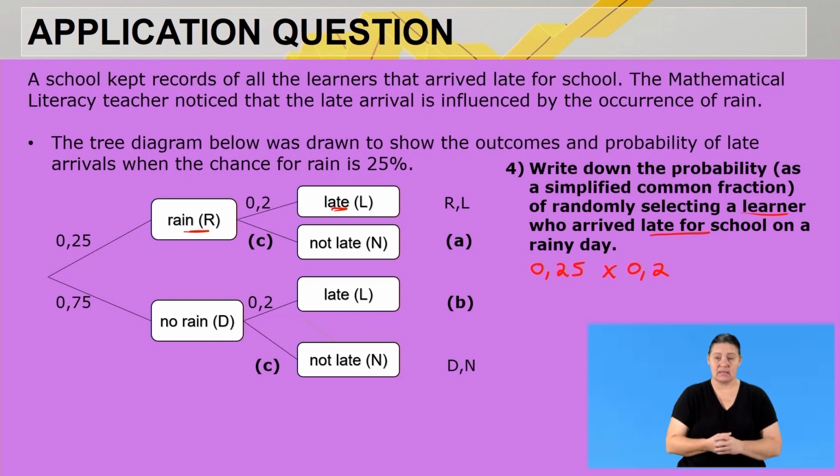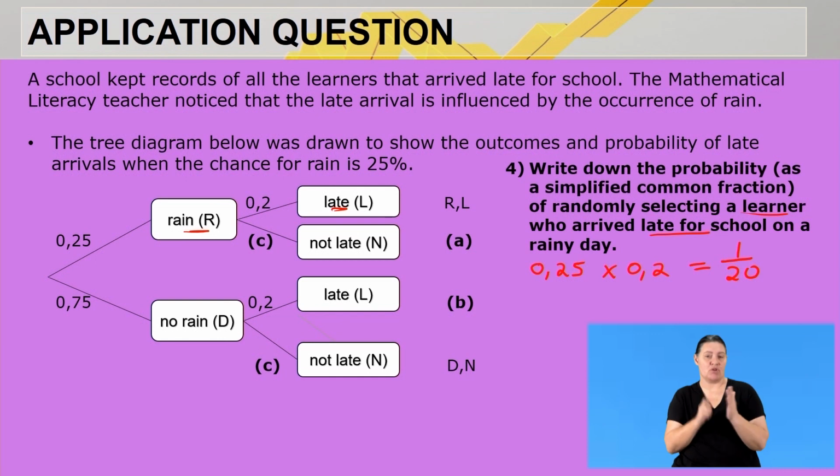All right, and it says, okay, final answer should be in simplified common fraction. So let's get this. 0.25 multiplied by 0.2 equals, that should give us 1 over 20. Okay, so I hope that is all clear to you. Okay, this will also take us then to 5 over 100 if I write it, okay, like that. As a simplified common fraction, that will be 1 over 20.